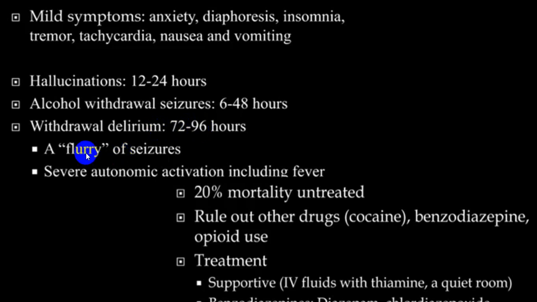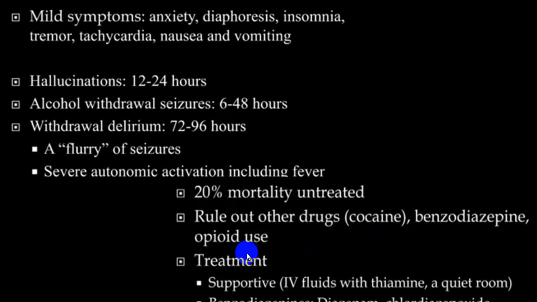A series of seizures can develop, and there will also be autonomic activation, including fever. If not treated, the mortality rate can be 20% or even more. You will also have to rule out misuse of cocaine, benzodiazepine, opioid use, etc.